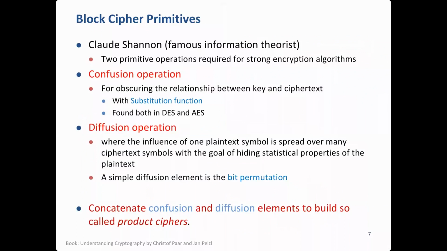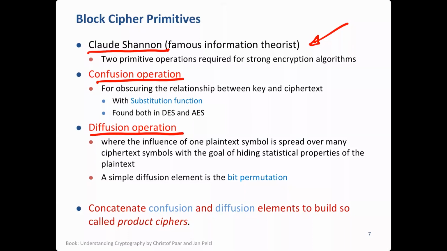All right, so this is the concept. Now we studied yesterday that there are two very important functions in encryption, and also decryption. Primarily encryption, since decryption is just the inverse of encryption. This was proposed by Claude Shannon, one of the very famous and great scientists. The two functions are the confusion operation and the diffusion operation.